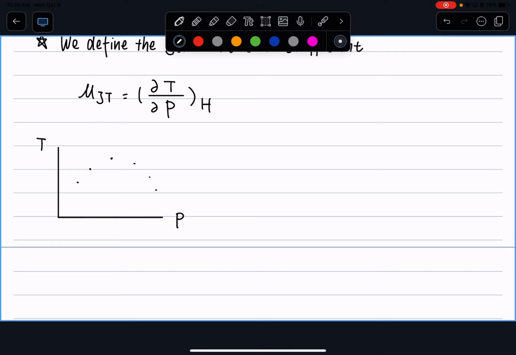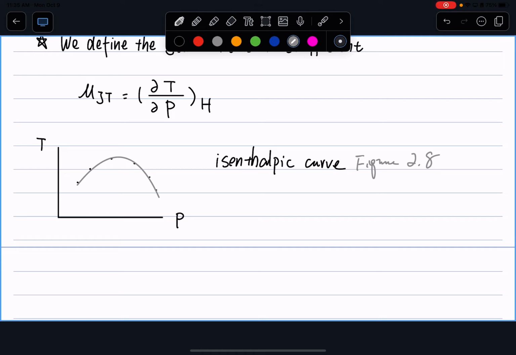I'm not exactly sure what those numbers are. And this curve is called an isenthalpic curve. You can find this curve in your textbook, which is figure 2.8. So, a smooth curve for these processes.